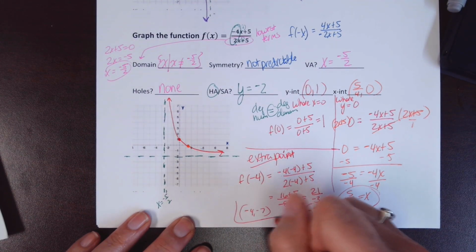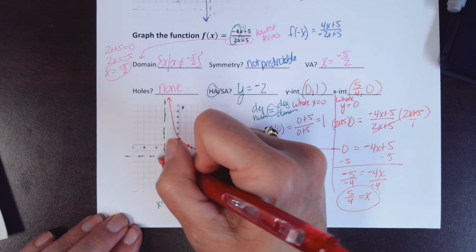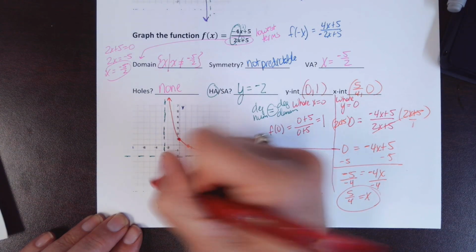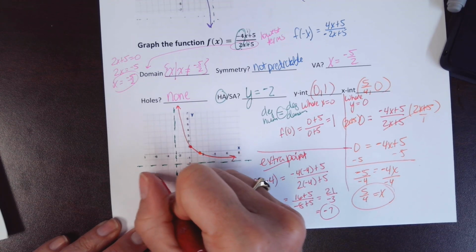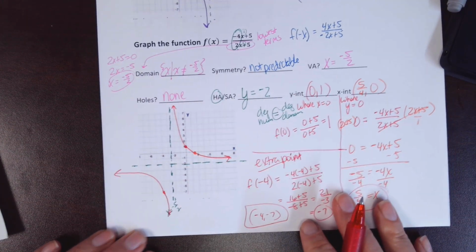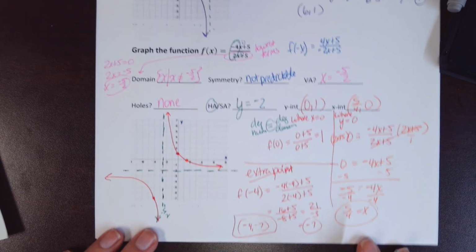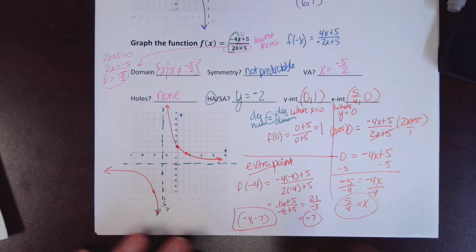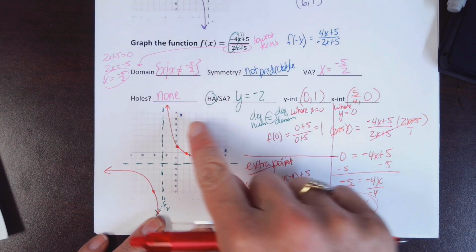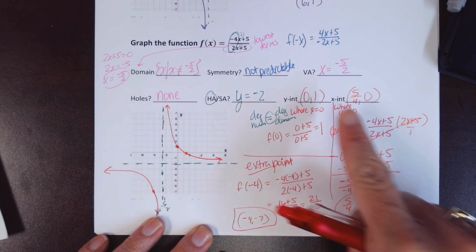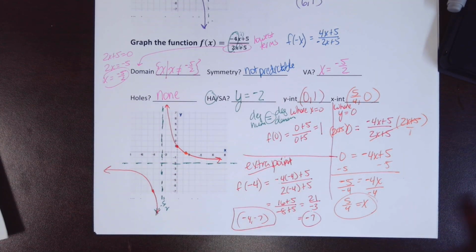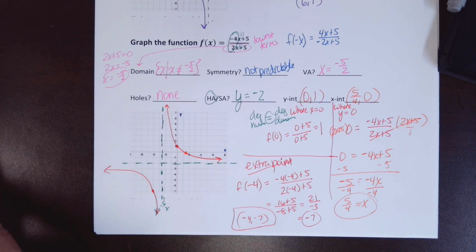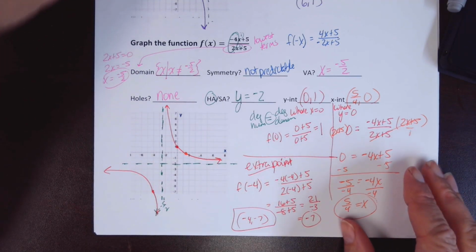That's going to go on my graph, right there. That's what I expected. I expected that I was going to have this curve down below. There's my rational function graph. So I did my work here, got my structure, and then I found my intercepts and one extra point. Sometimes you have to find more than one extra point. Sometimes you can get away with just one extra point.